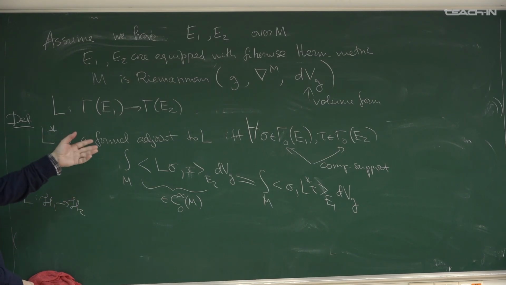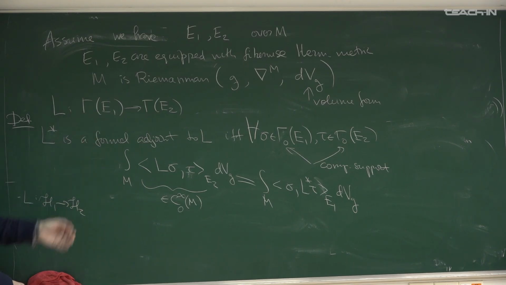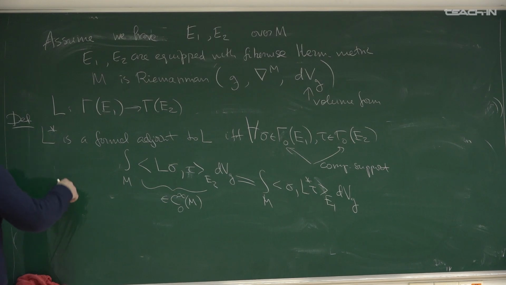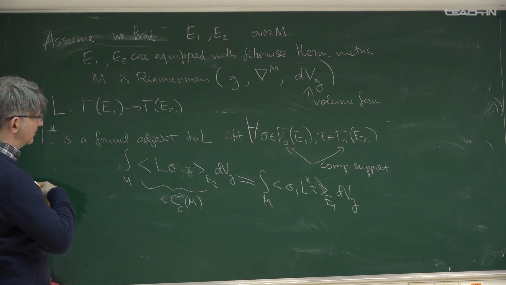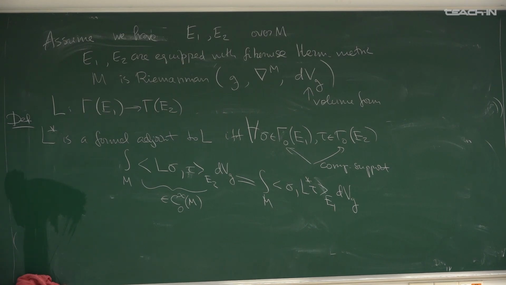But these guys are not Hilbert spaces. Smooth sections are not Hilbert spaces. To obtain a Hilbert space, we need to make it complete with respect to some norm, and crazy things will happen.